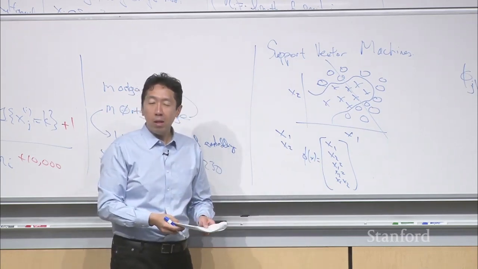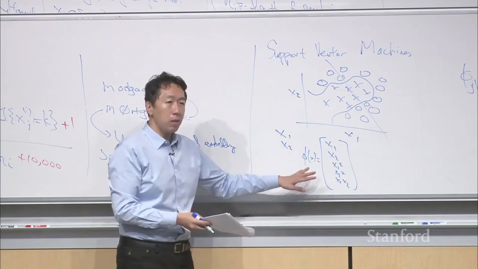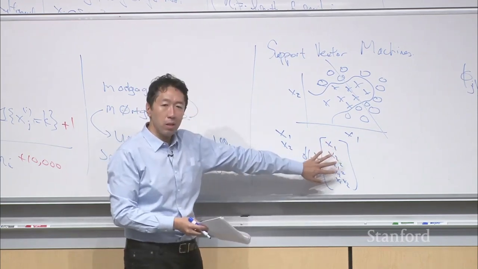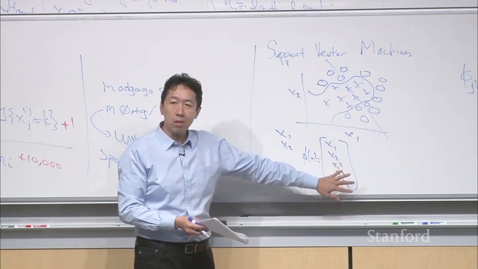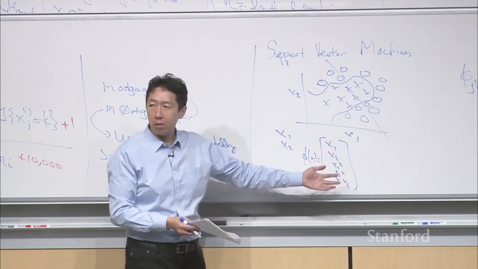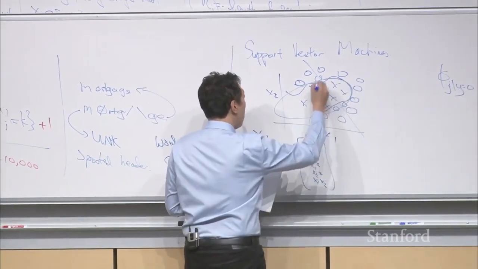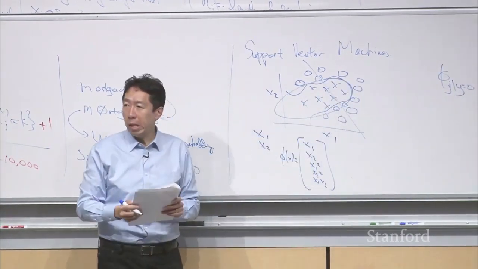Now, it turns out if you do this and then apply logistic regression to this augmented feature vector, then logistic regression can learn nonlinear decision boundaries. With this set of features, logistic regression can actually learn a decision boundary that's the shape of an ellipse.